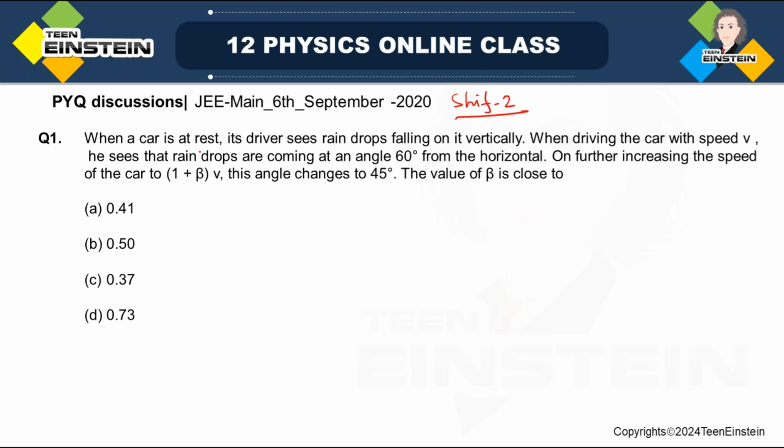When a car is at rest, its driver sees raindrops falling on it vertically. That means rain is initially dropping vertically.